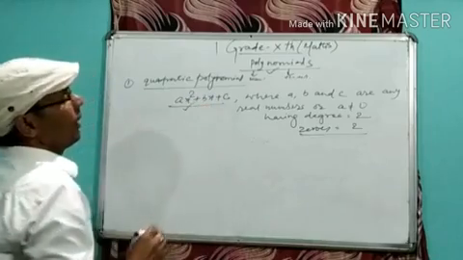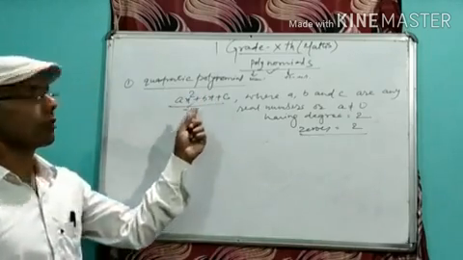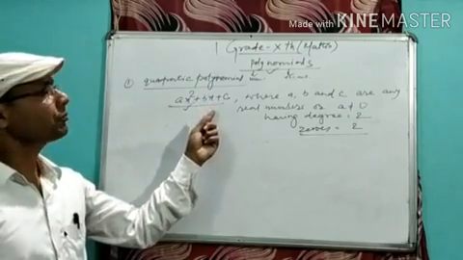This is the standard form of a quadratic polynomial, ax square plus bx plus c.